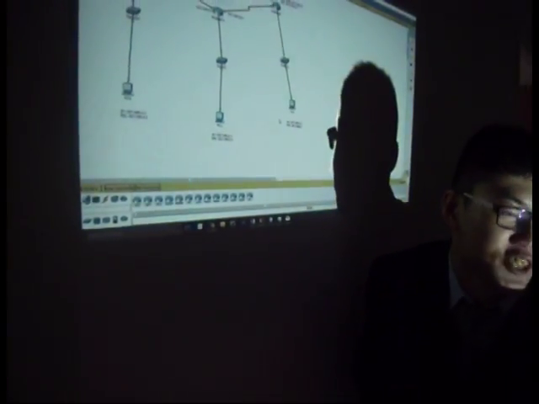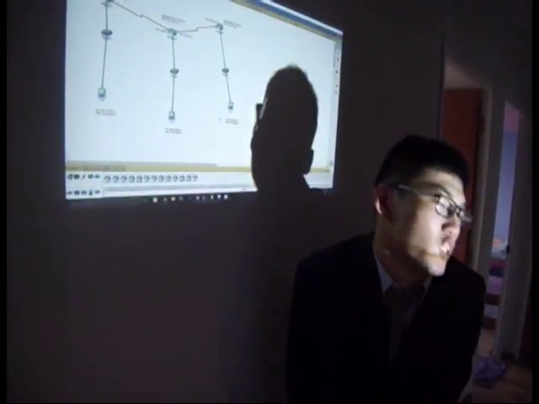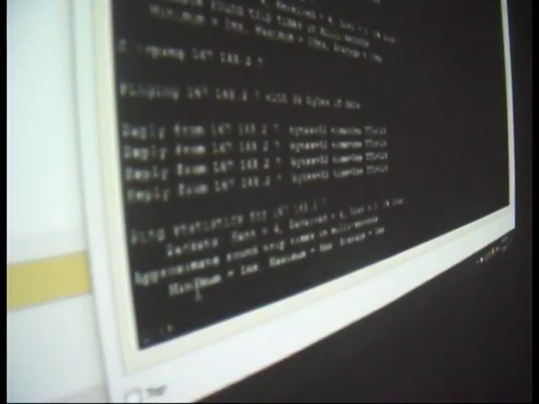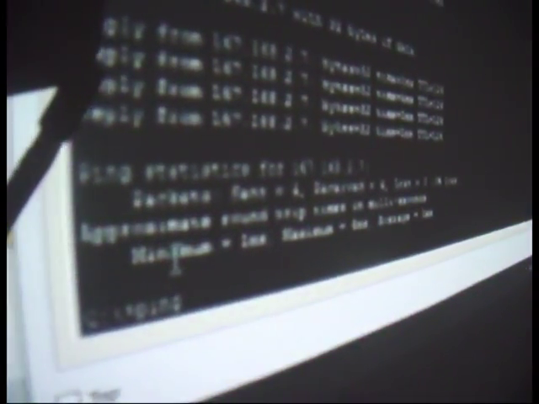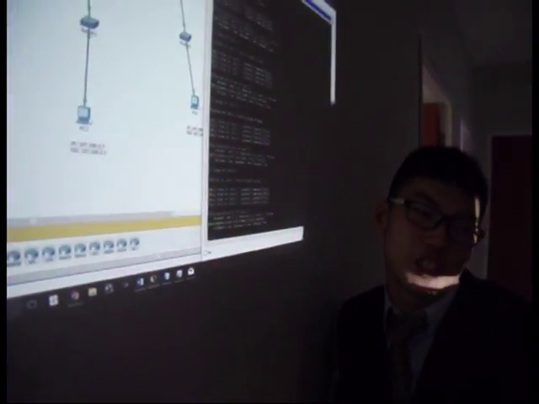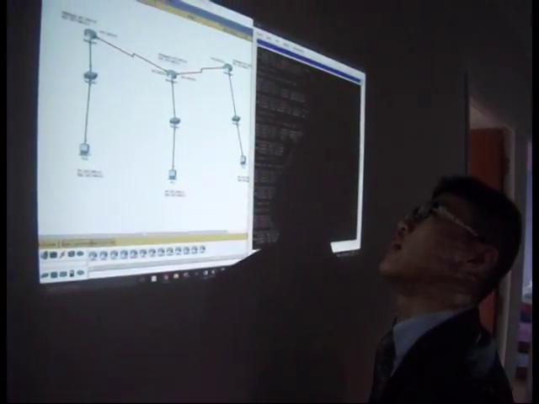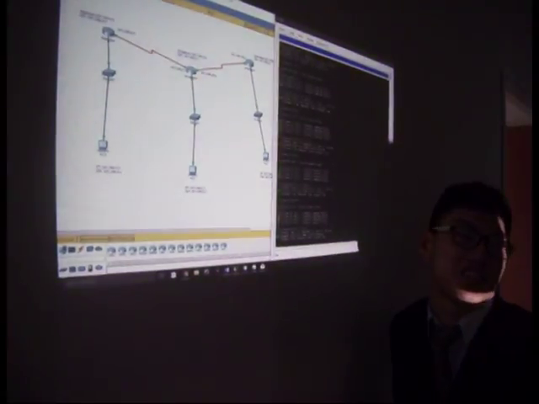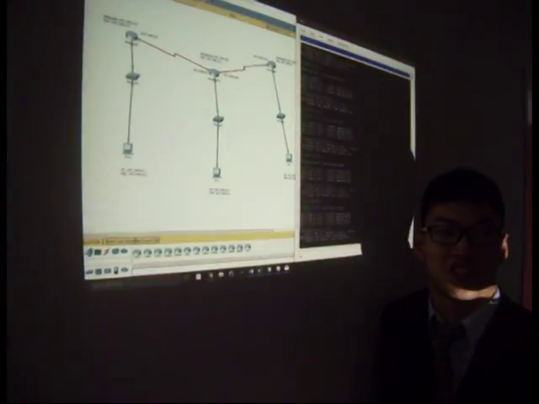So we are going to ping that address and see whether a reply comes back or not. Yes, the ping to the Indonesian host is successful. So this shows that communication can be established from the Malaysian host to the other two hosts.